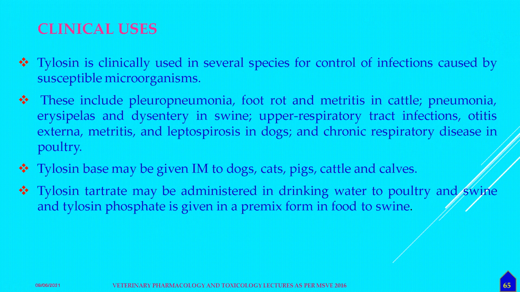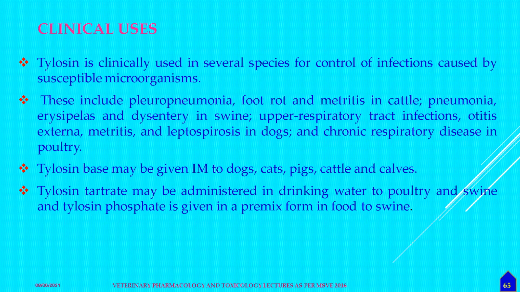So this is one of the drugs of choice, and foot rot and metritis in cattle, it's a classical drug, and then also pneumonia, Erysipelothrix rhusiopathiae, and dysentery, especially in swine. And upper respiratory tract infections, that's otitis externa, metritis, and leptospirosis are also seen in dogs, and chronic respiratory disease in poultry.